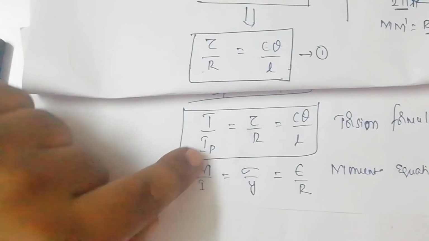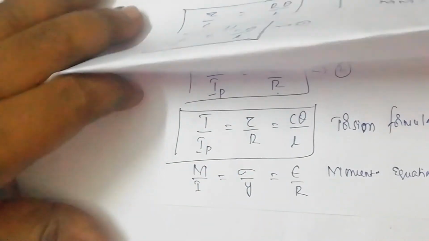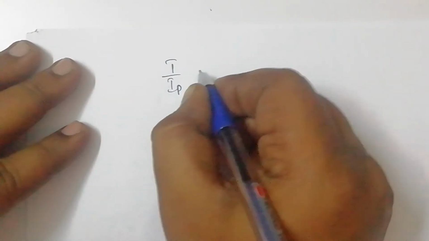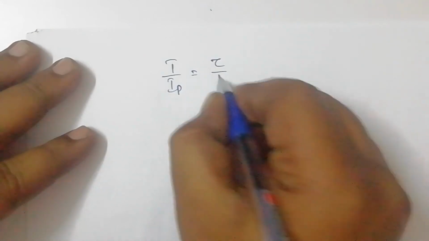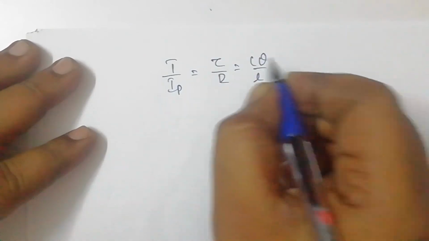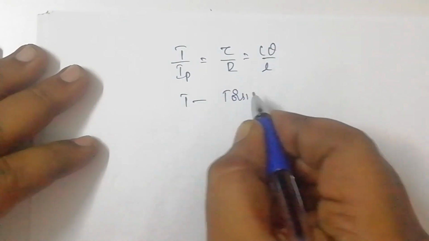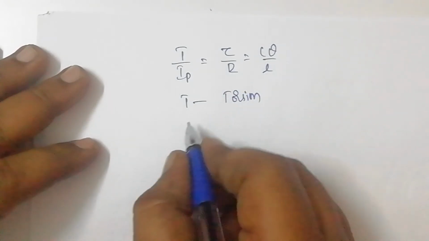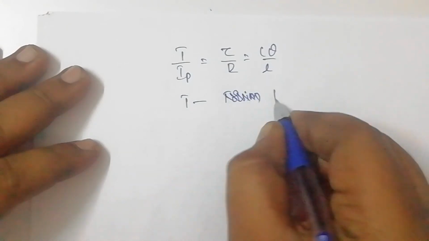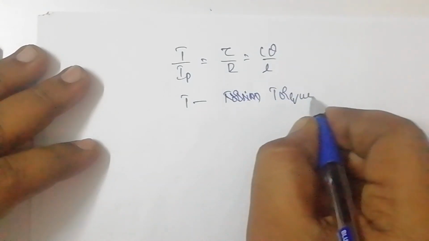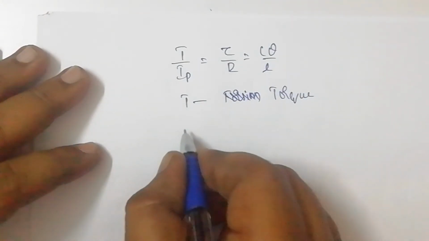Here, polar moment of inertia we have only for two values. I will rewrite the equation and the terminologies. So T by IP is equal to tau by R is equal to C theta by L, where T is torsion, not torsion, this we generally call the torque.